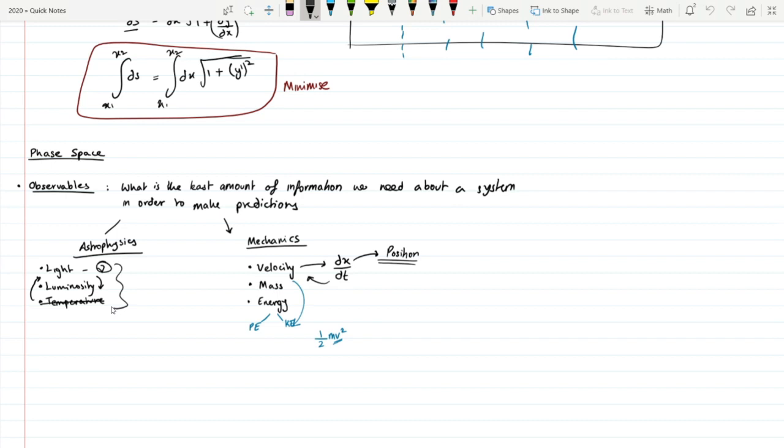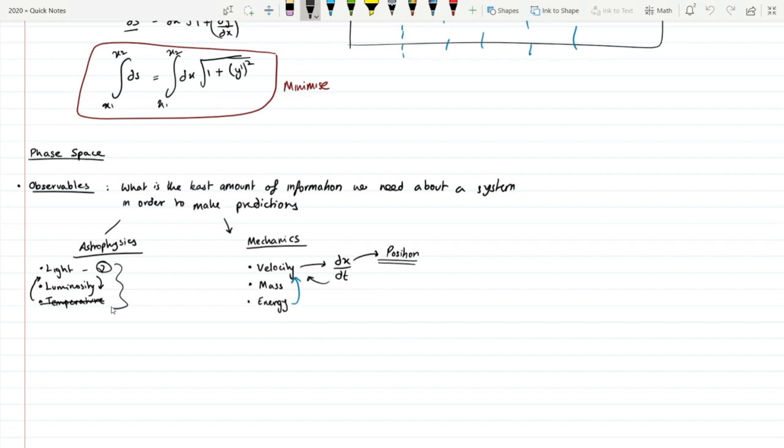The potential energy depends on the form of the potential that you're in, for example the gravitational potential. So what I'm trying to say is that energy puts us on the right track, but it points us back towards velocity.